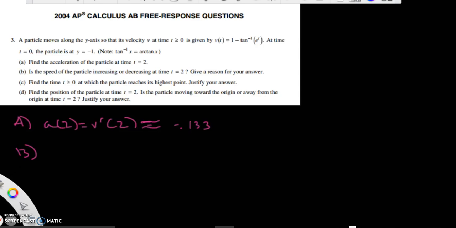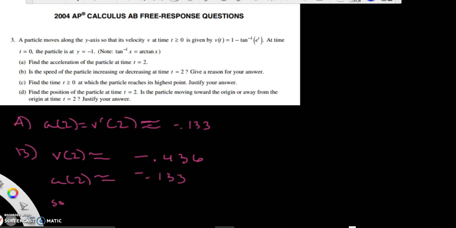Part B. Is the speed of the particle increasing or decreasing at time t equals 2? Give a reason for your answer. So we need to know what v of 2 is. Let me check what I got. v of 2 was -4.36, and a of 2 was -0.1333.